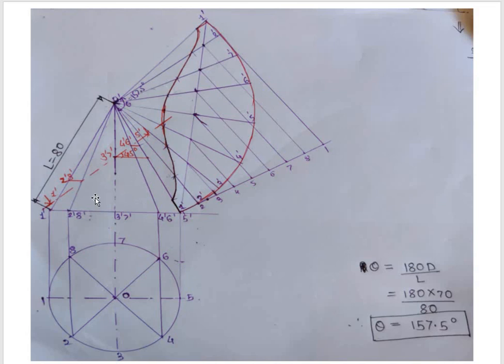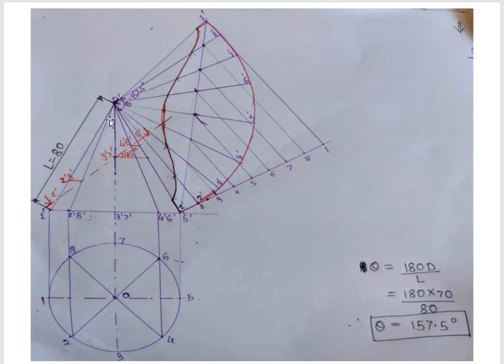Likewise, pass this point 1' to 2', 3', up to the particular generator, whatever points you are giving here. Simply name them 1', 2', 3', 3', 4', 4', 6', and 5'. But see friends, only O' 1' and O' 5' are the true lengths.